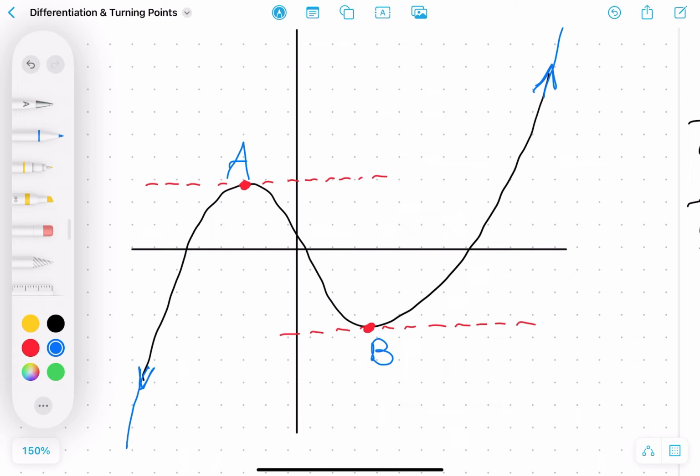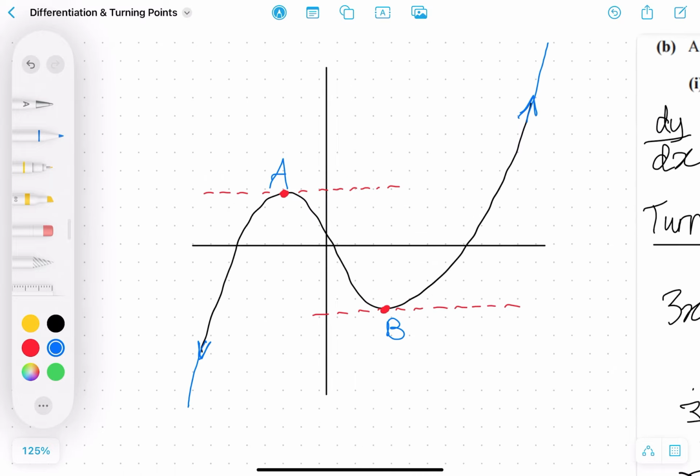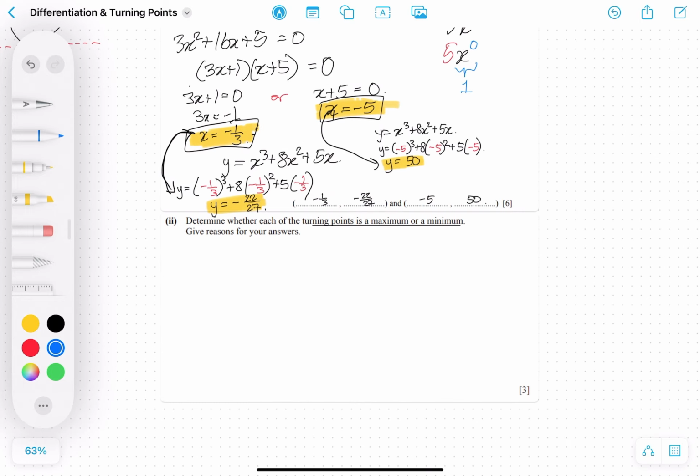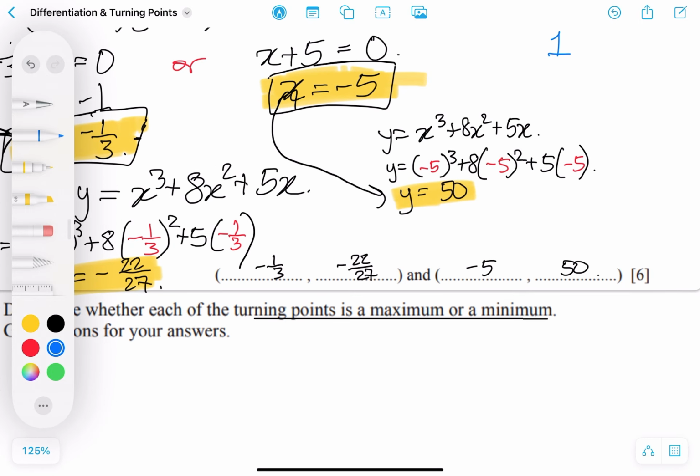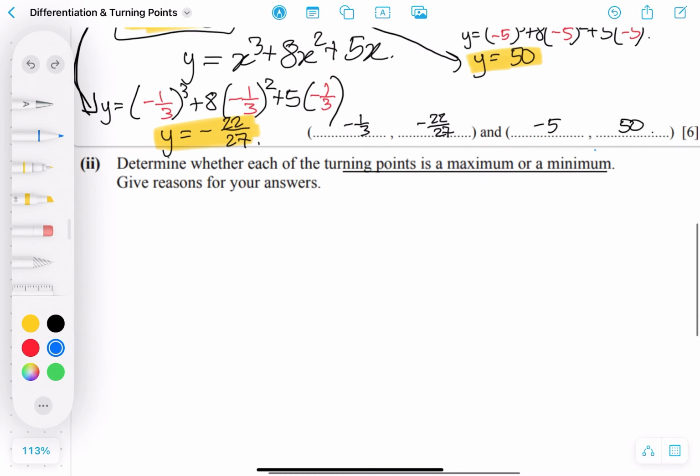But for IGCSE, they'll just call it the maximum point. So we see that A is the local maximum point, and B is the local minimum point. So that's what they're asking us to find. We have to see whether each of these two turning points is a maximum or minimum.